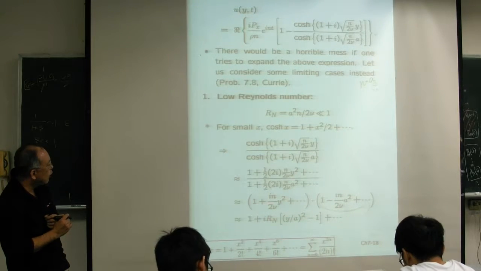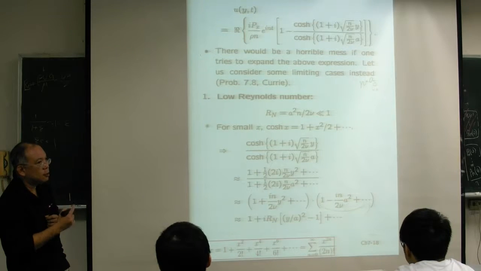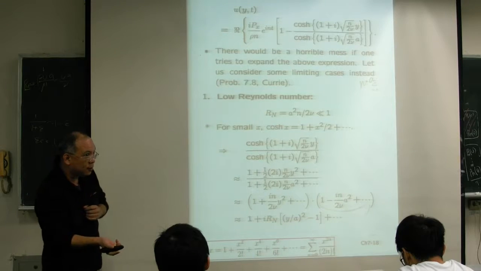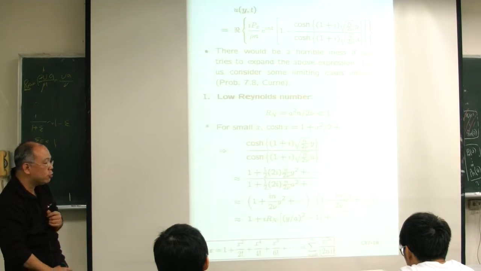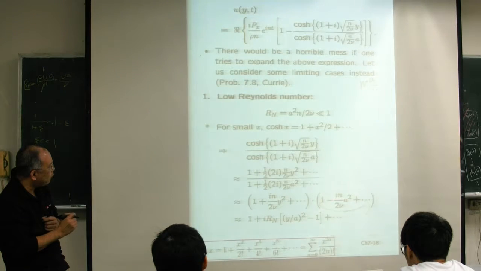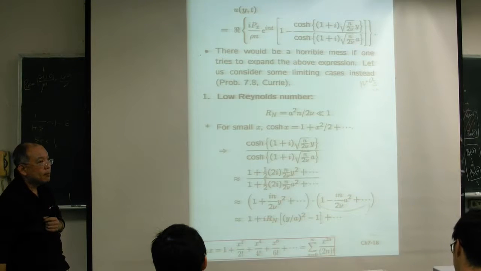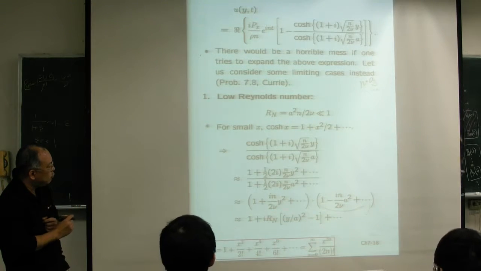So I only take these three terms, because if you multiply this term by this term, both small numbers, it's even smaller, so it should be neglected. I only choose the first three terms, and summing them will give you this. So for the very small Reynolds number, I have this relationship.